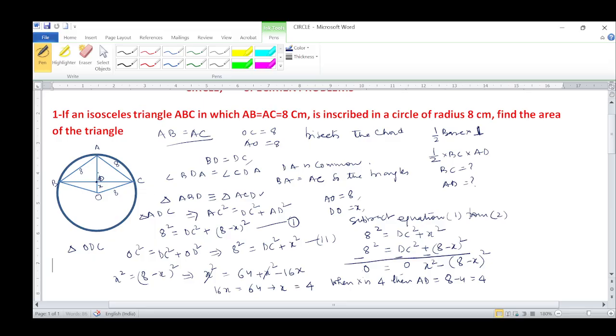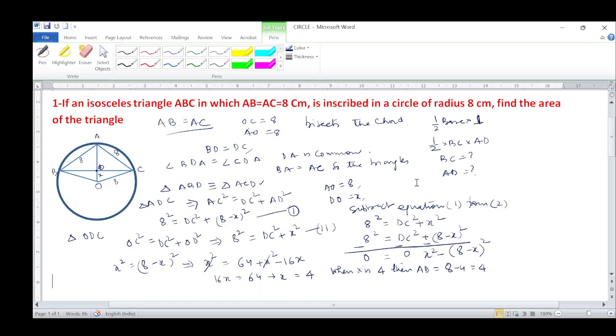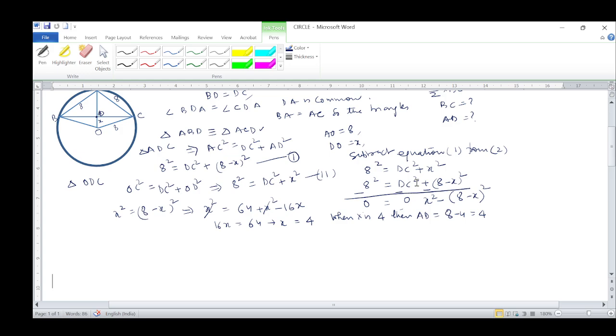So now we know the two distances. AD is known, AD is equal to 4.